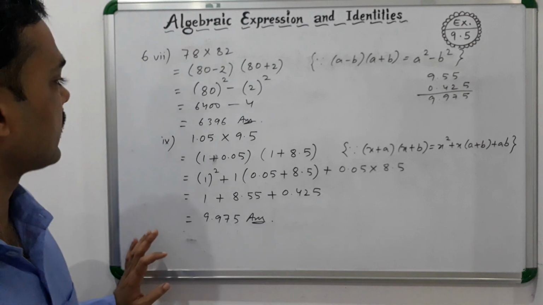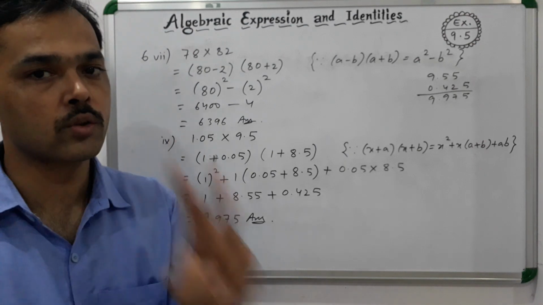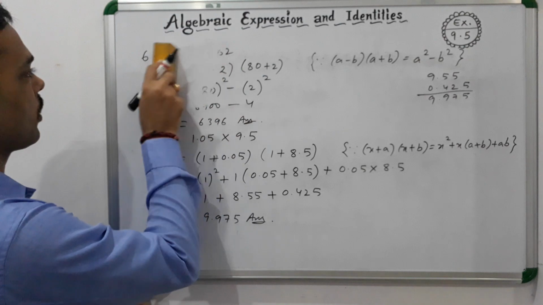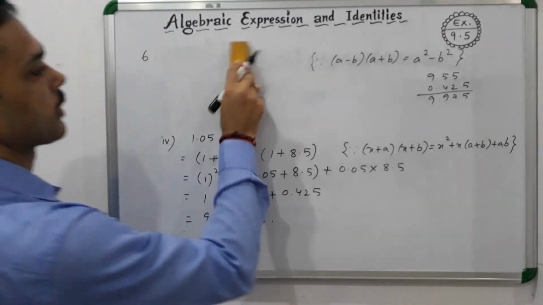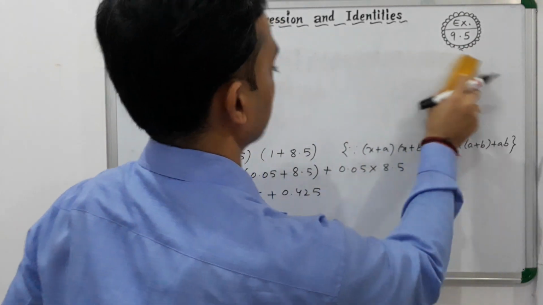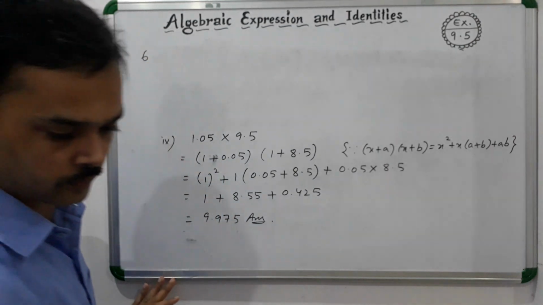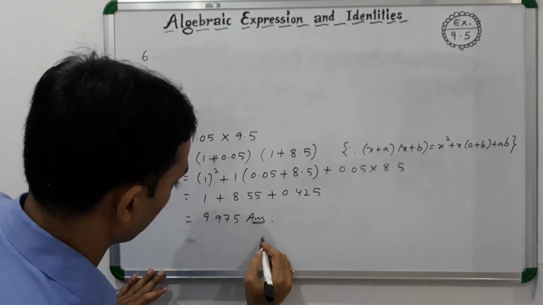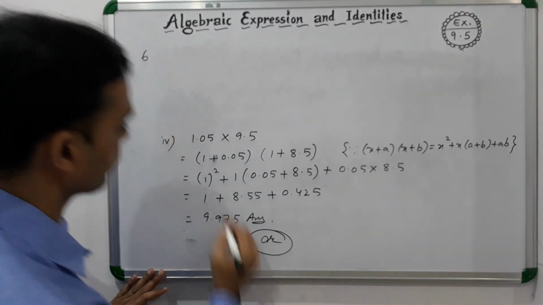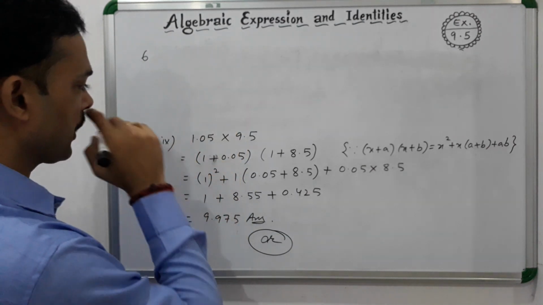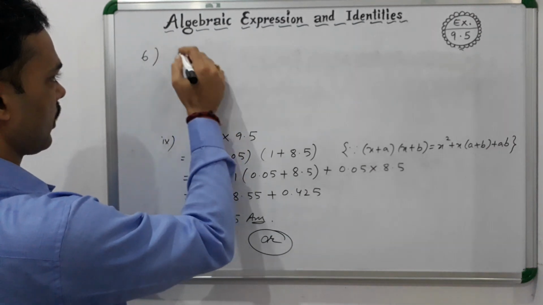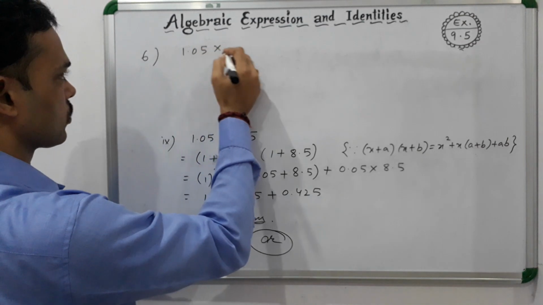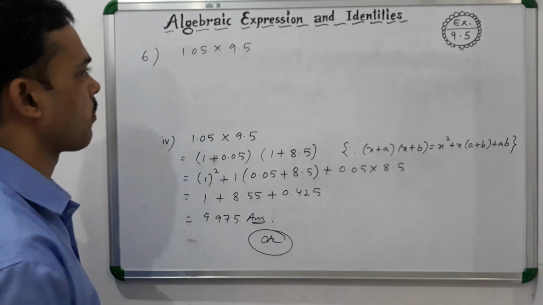Now, as I mentioned that I'll be telling two ways of doing this, I'm showing you the other way. Now see, this is 1.05 into 9.5.